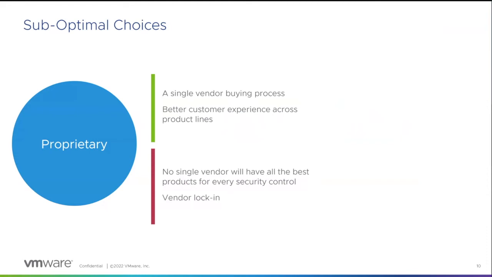Native options are very tightly aligned with other security tools in a vendor's portfolio. Now, they are often much more seamlessly integrated with a more straightforward buying process. However, all of the offerings in a native solution may not be best of breed.